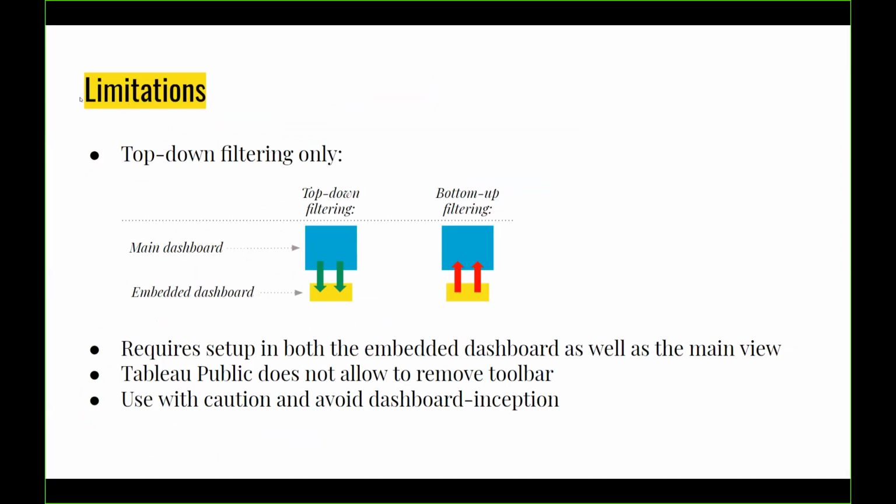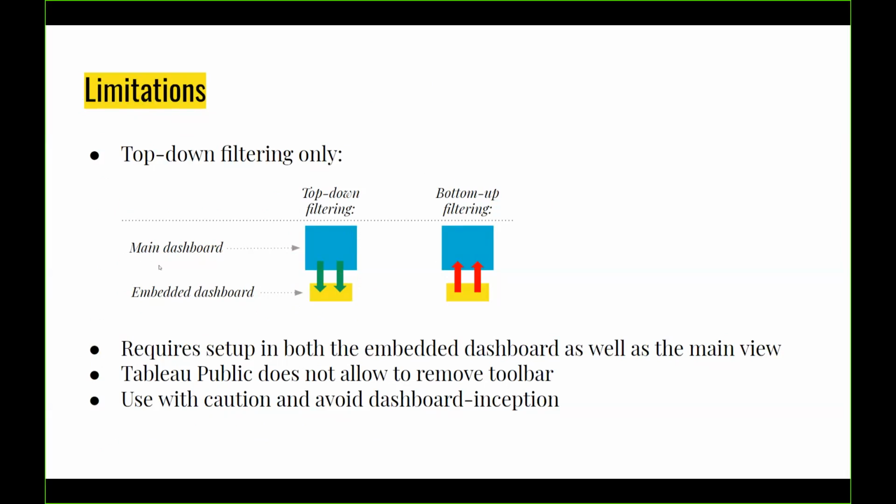Before I do that, though, I will just cover a couple of limitations. So this is a top-down technique, which means that you can only pass filters from the main dashboard to the embedded dashboard.